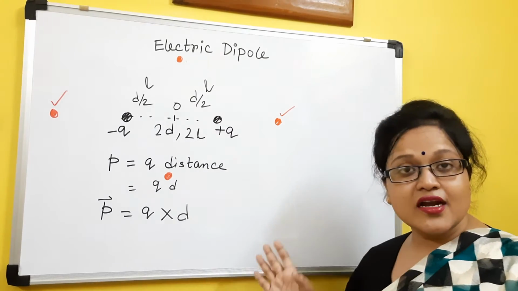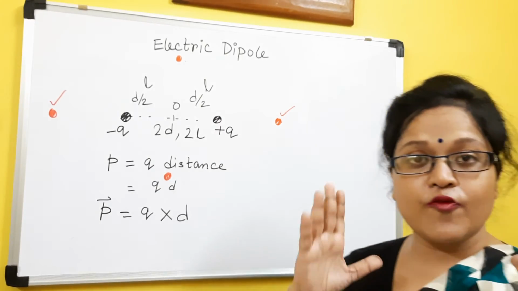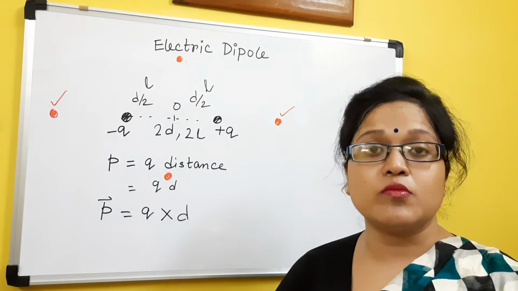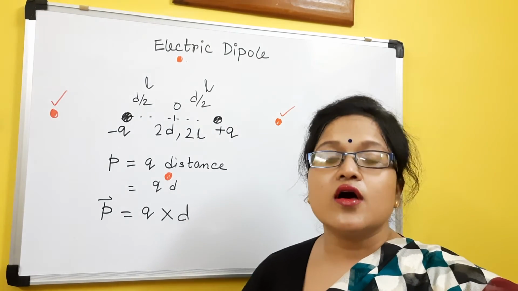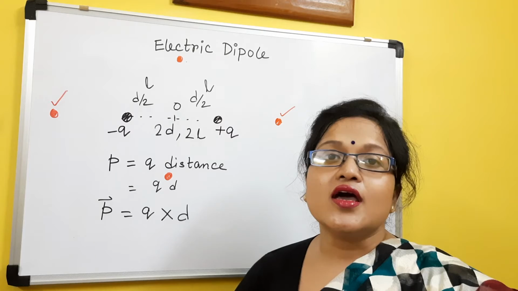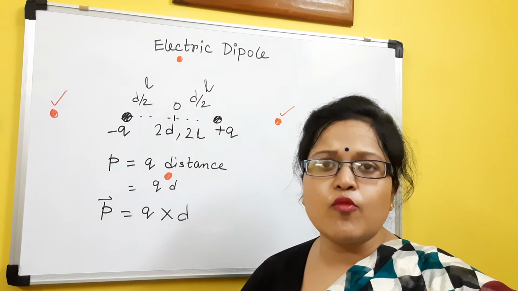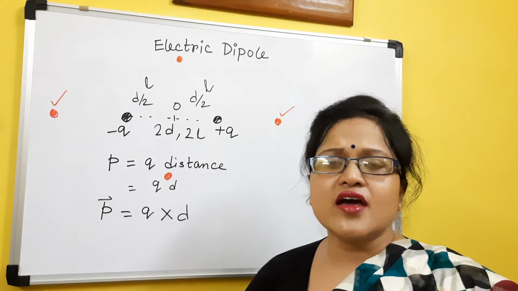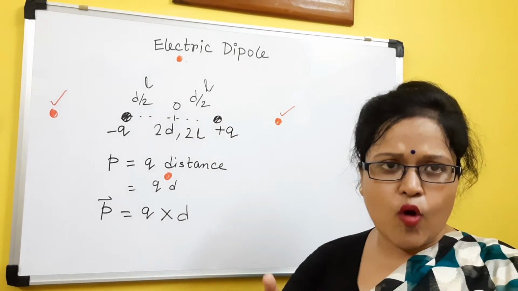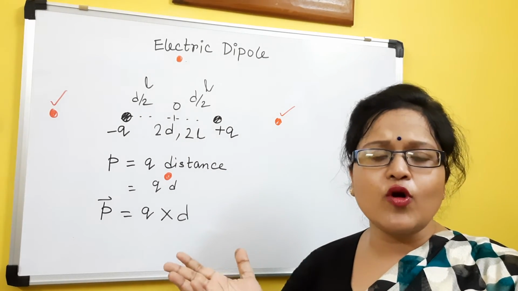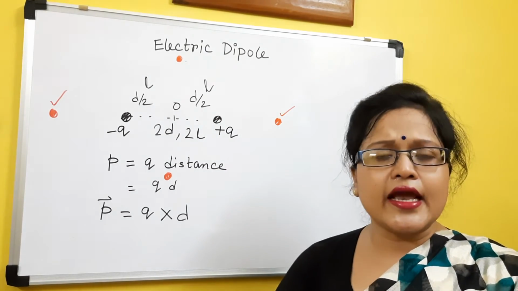Now why am I studying this? As I said earlier, those who were very good in chemistry know there is a chapter called electronic bonding or chemical bonding. There we know there is polarity in molecules. One side behaves as a positive pole, another side as a negative pole.